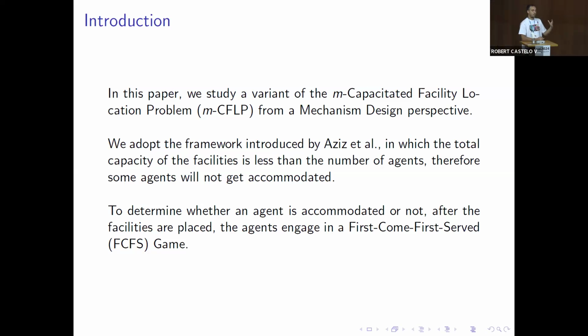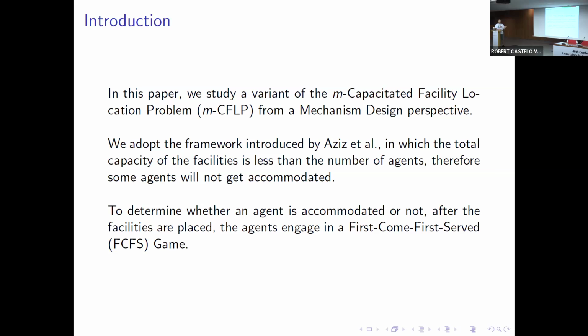You have to select the position of the facilities with their capacity and place them along a line, because we're studying the case in which everybody is placed on a line, in such a way that you help them, and we will see in which sense you want to find the best possible location for that. But the premise is that not everybody is going to get a location, and we need to find a way to solve this problem. So we are not enforcing agents to facilities.